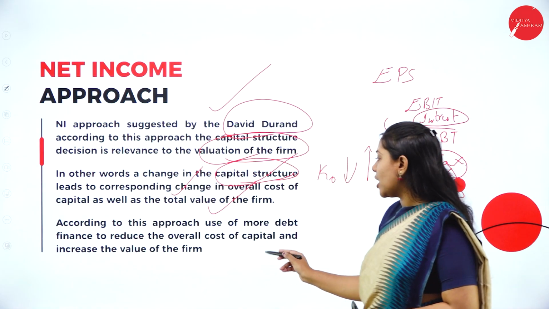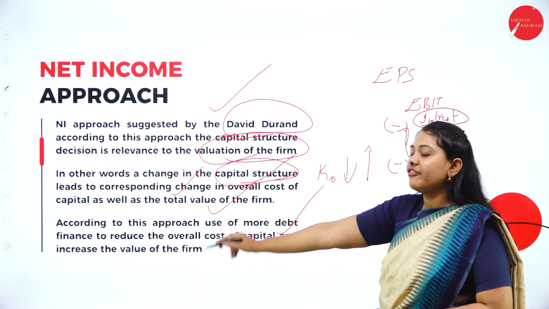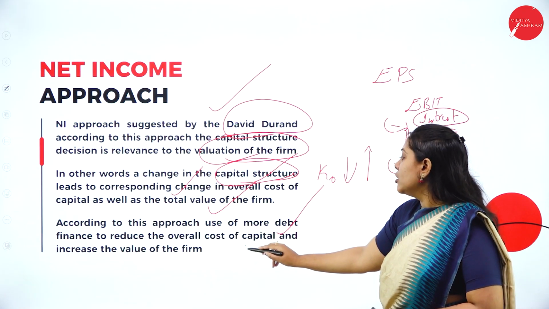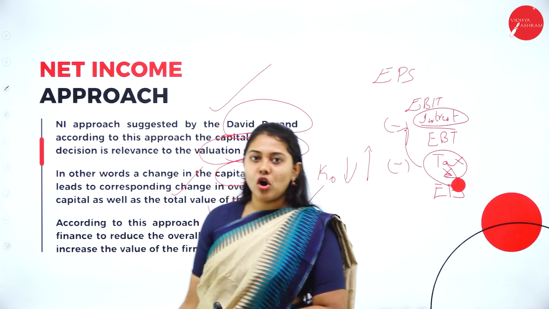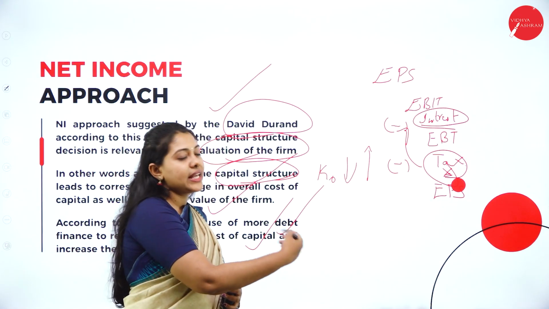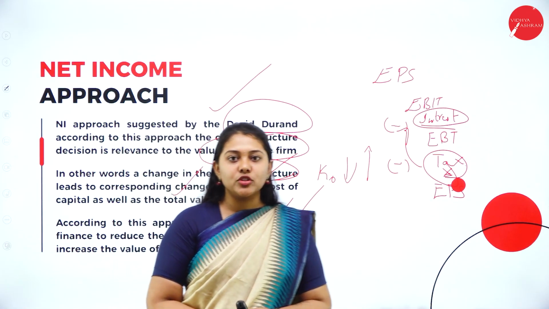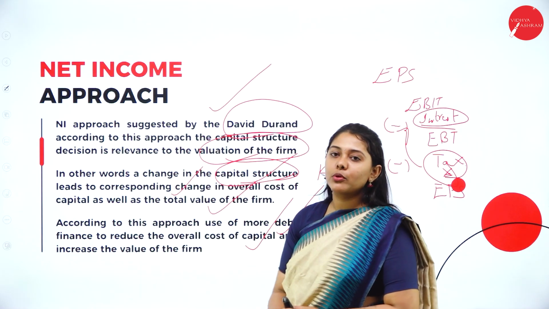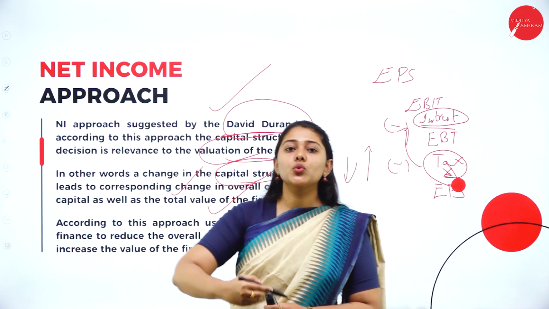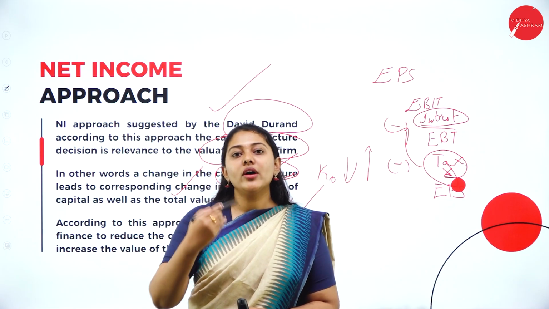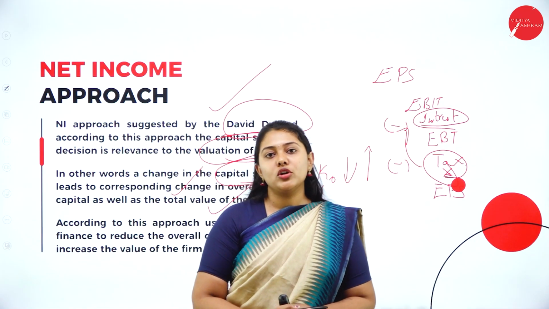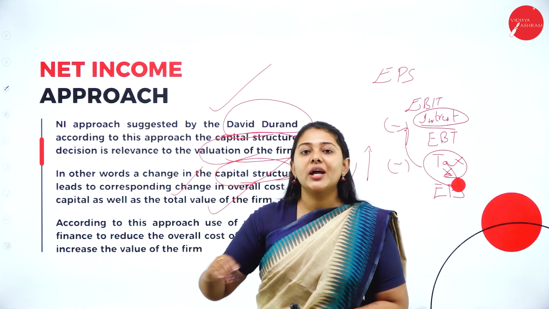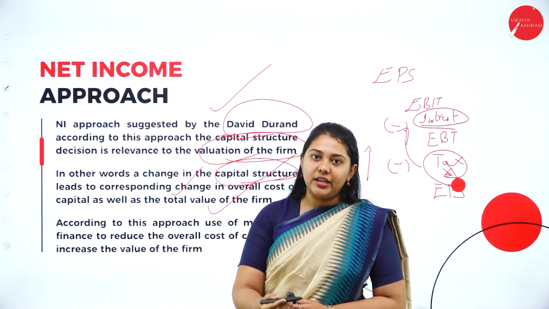According to this approach, use of more debt finance reduces the overall cost of capital and increases the valuation of the share. That is what I have explained to you with an example. So what does the net income approach say? Use of debt finance in your capital structure can reduce the overall cost of capital, and at the same time the value of the firm increases.